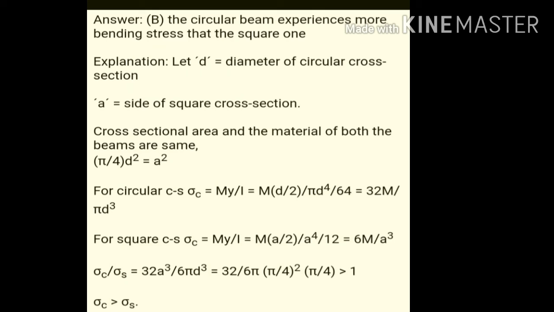So sigma C is equal to My by I. Here Y is the distance to the maximum bending stress location: in case of the circular section you have to take d by 2 and in case of the square section you have to take a by 2.